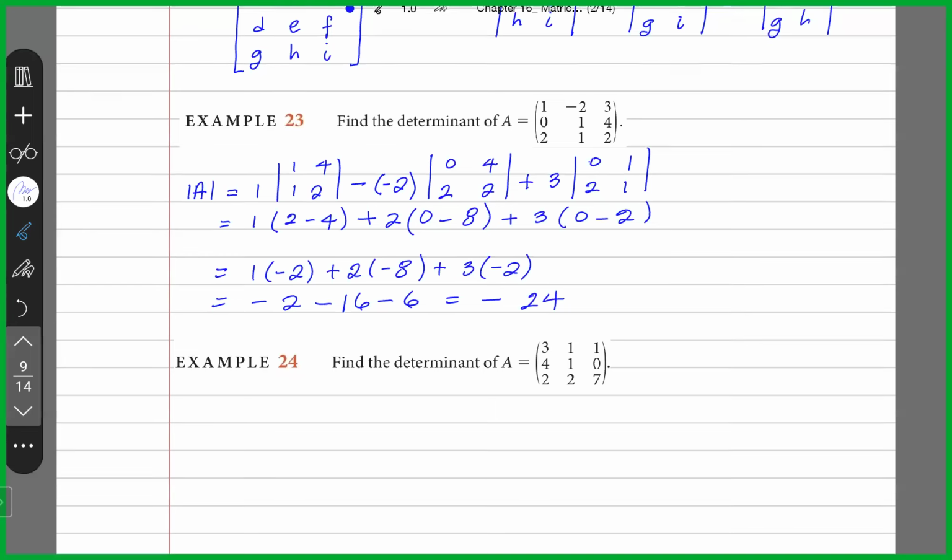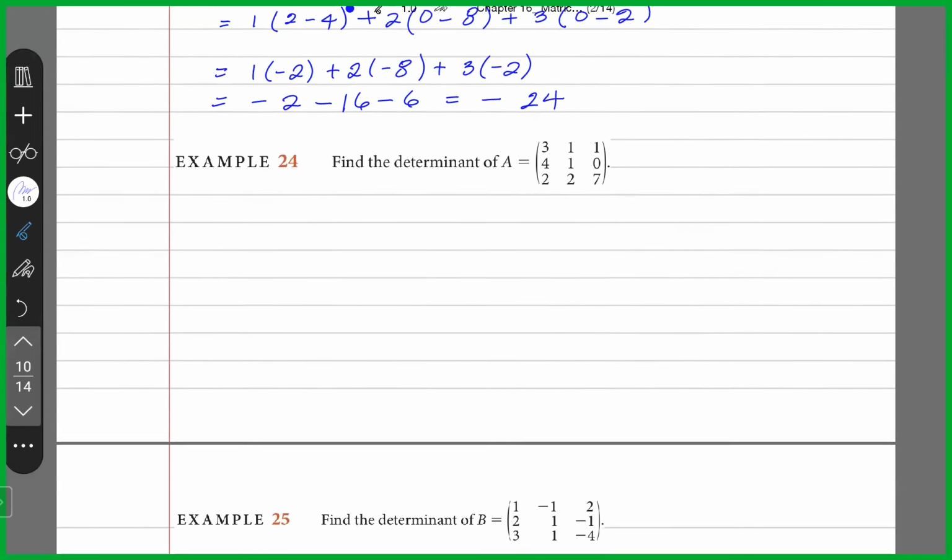All right, so example 24, let's find the determinant.